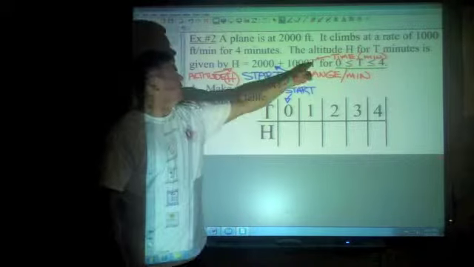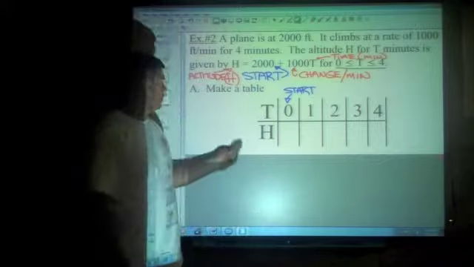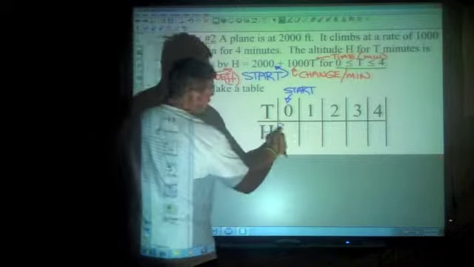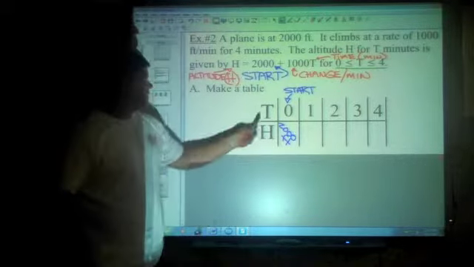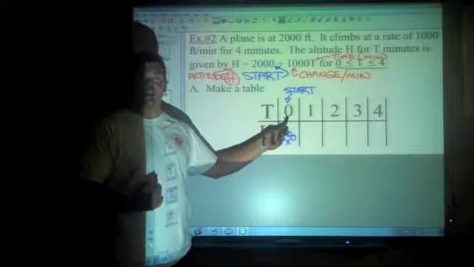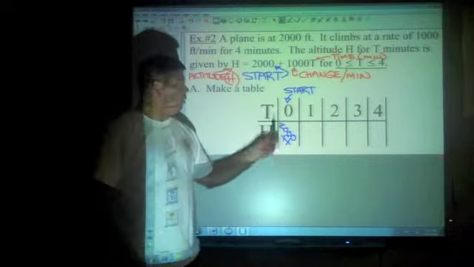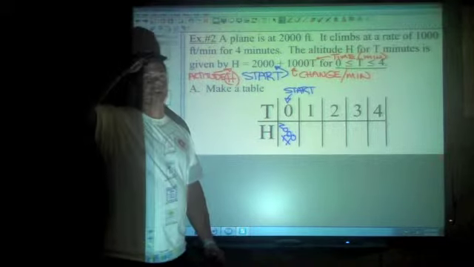Plug the 0 in. If you plug a 0 in, what is 1,000 times 0? Hopefully you get 0. And if you add that 0 plus 2,000, you'll get 2,000. Which would make sense, because if we haven't done anything as far as time, we're still at the cruising altitude of 2,000 feet. Now 1 minute later, what should the altitude be? It should be 1,000 feet more at 3,000 feet.